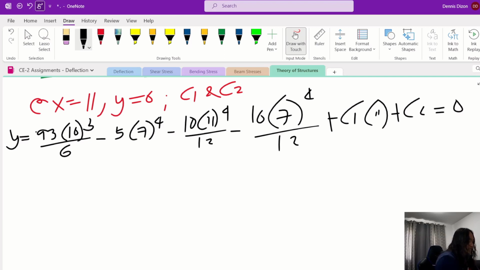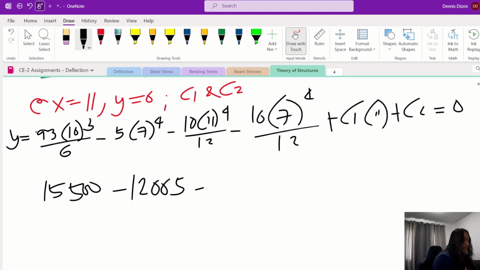So this is 15,500 minus 5 times 7 to the fourth, which is 12,005, and this one is 10 times 11 to the fourth divided by 12.